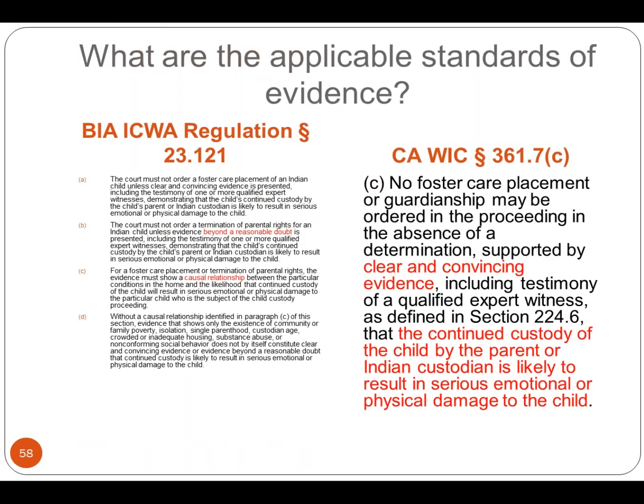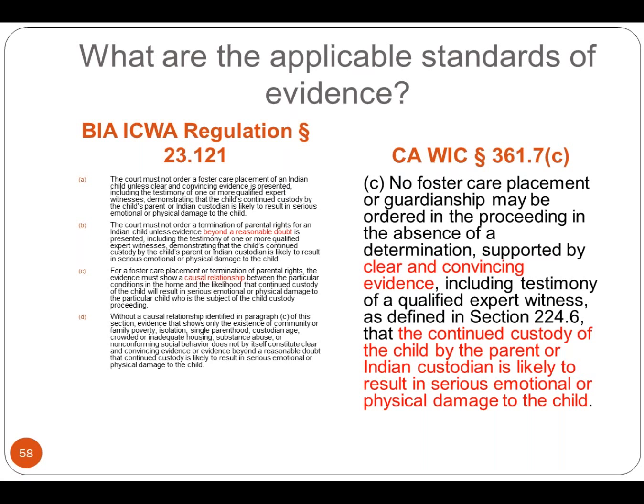Now, the regulations tell us that the court must not order a foster care placement unless there is clear and convincing evidence, including the testimony of one or more qualified expert witnesses, demonstrating that the child's continued custody by the parent or Indian custodian is likely to result in serious emotional or physical damage to the child.